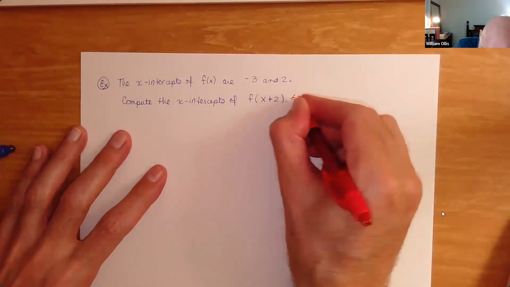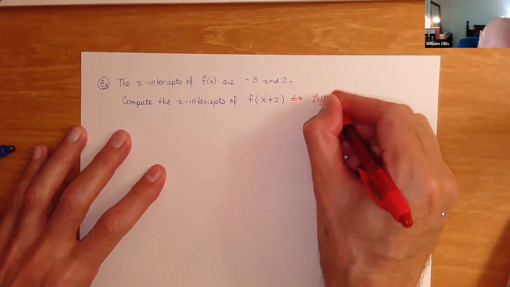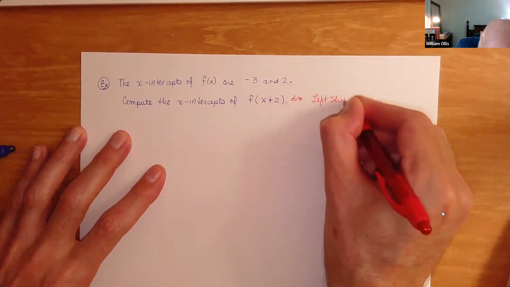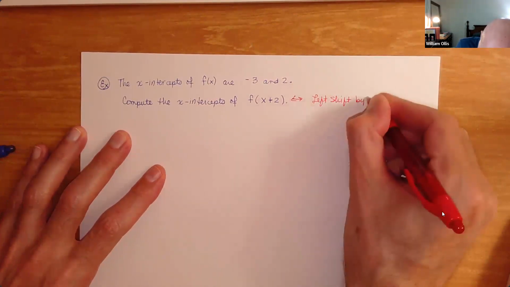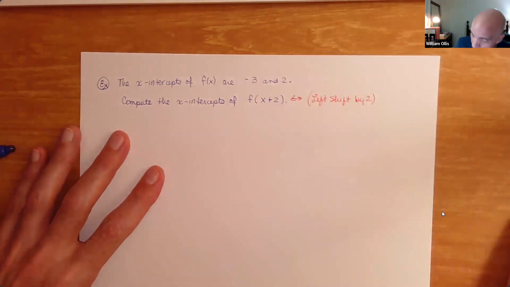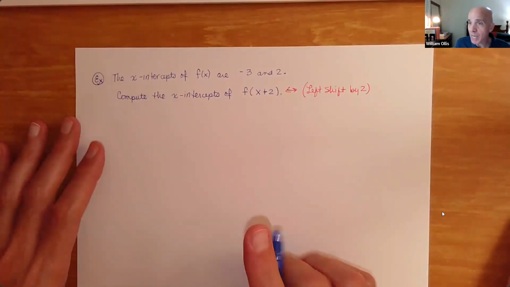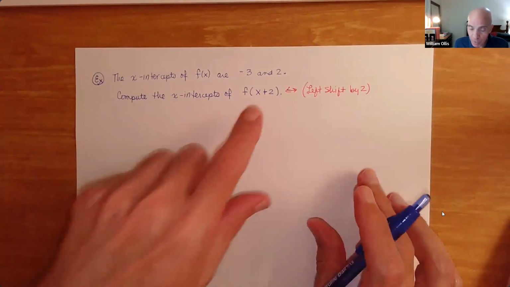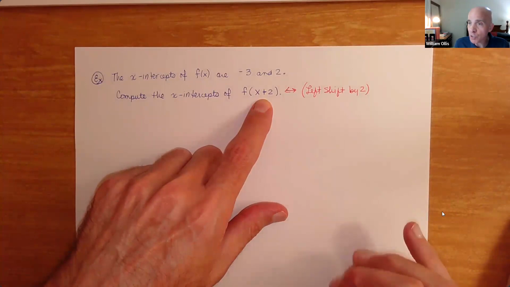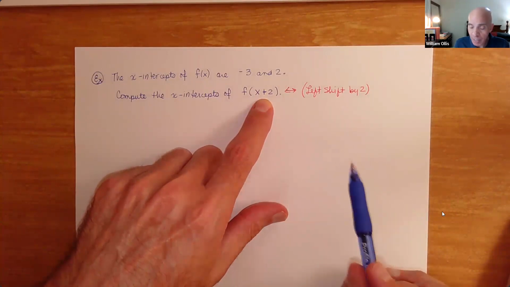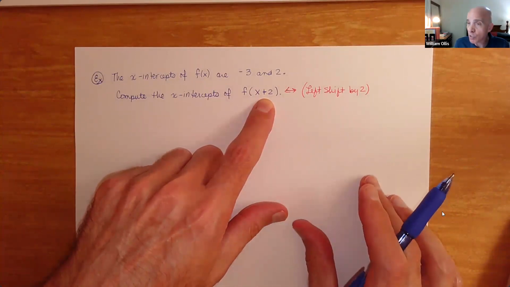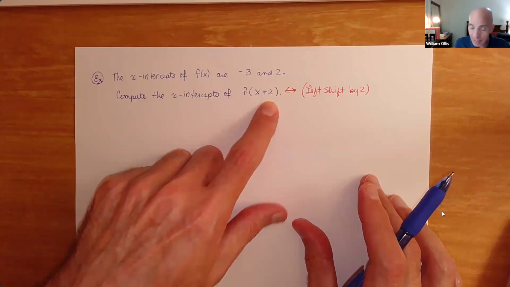This corresponds to a left shift by 2. So that means that the x-intercepts must be shifted to the left. So we have to subtract 2. Remember, this is the shift to the left by h, and h in this case is 2 because we've added the 2.